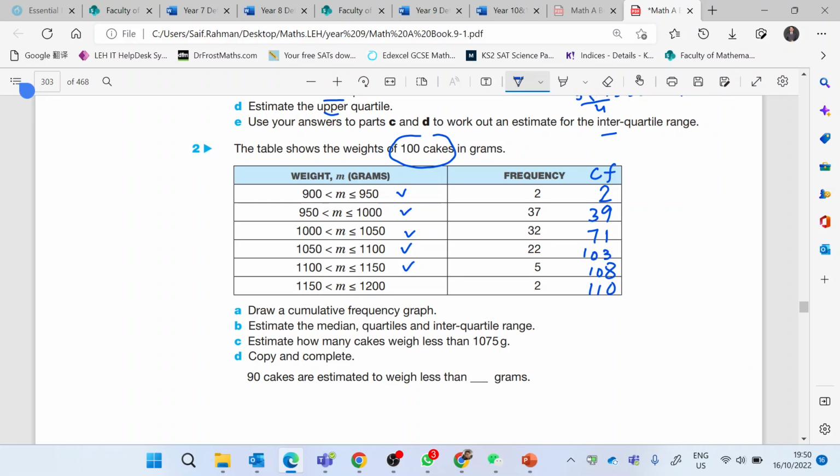So this is cumulative frequency. Taking these figures, it is weight in grams, and here frequency, you can again draw and find the values here.